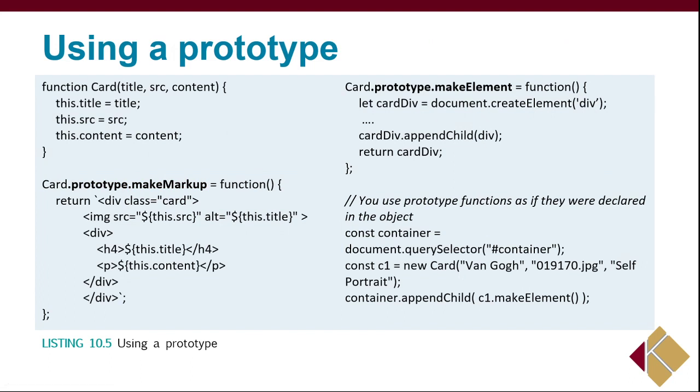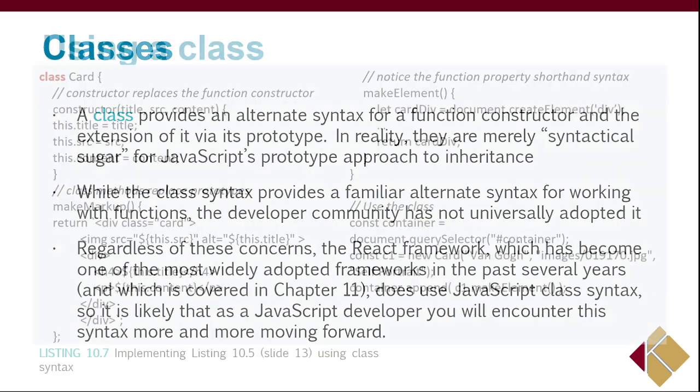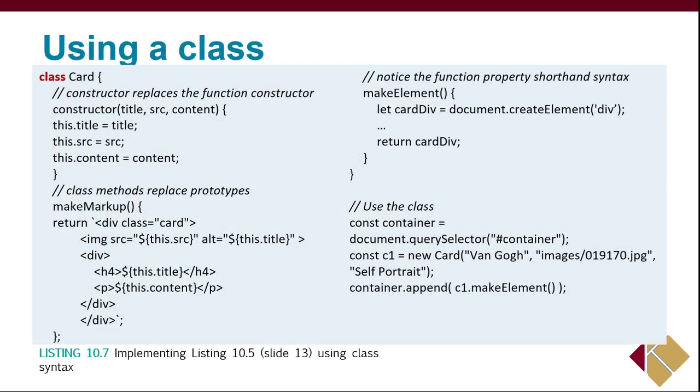So this, constant C1 equals new card, same thing, append child versus constant C1 equals new card. So it is the same thing, different syntax. But I just want you to be aware that it is there and that you can recognize it if you come across it in someone else's code.